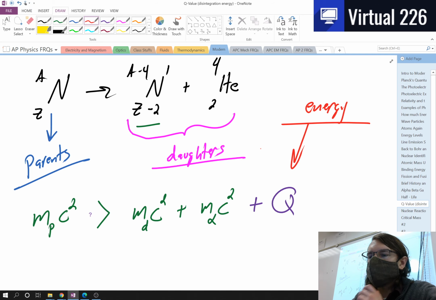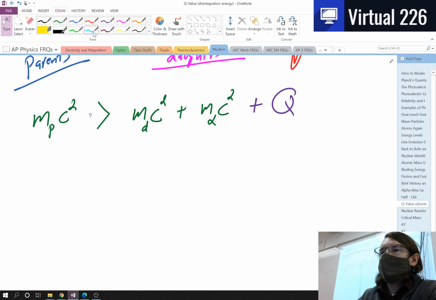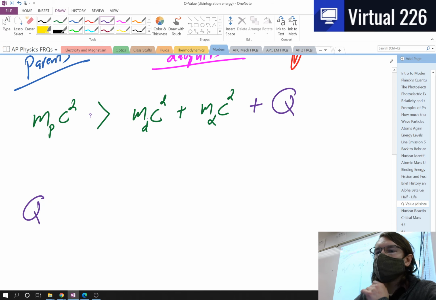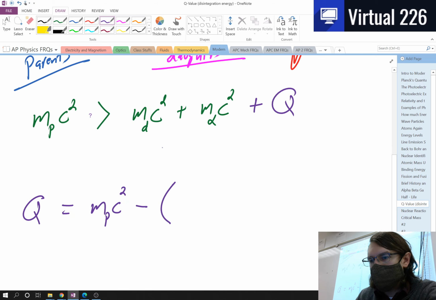Now, looking at this equation, we could solve for Q. If we solved for Q, this Q value would be equal to the mass of the parent times the speed of light squared, minus the mass of the daughter, c squared, plus the mass of that alpha particle, c squared.